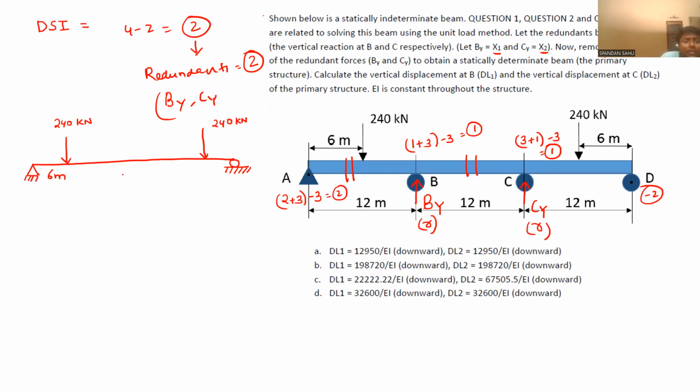This is 6 meter. This will be 6 plus 6. A, B, C, 6. From here to here, it will be 24, 6.